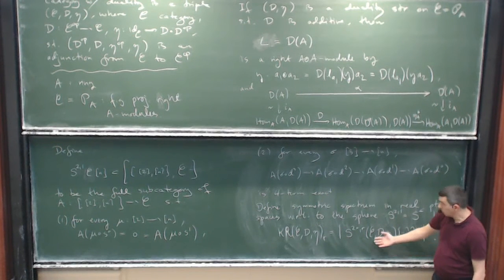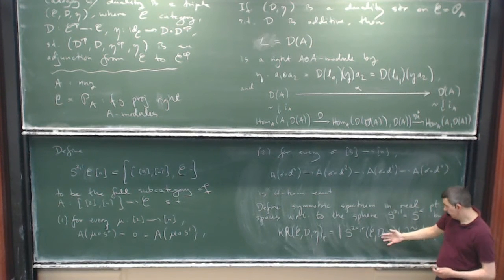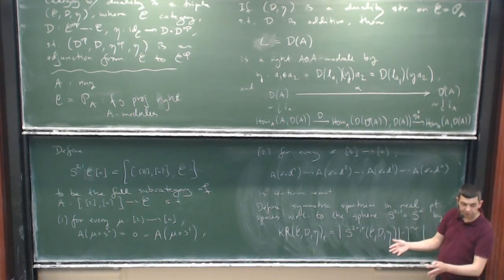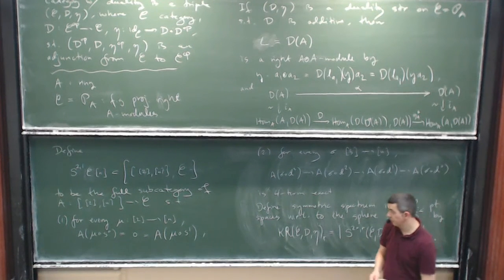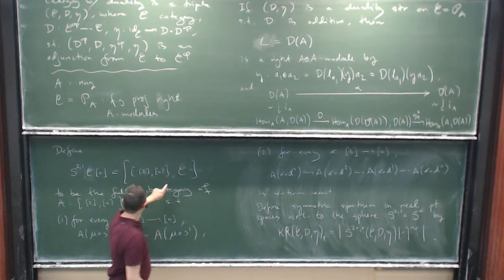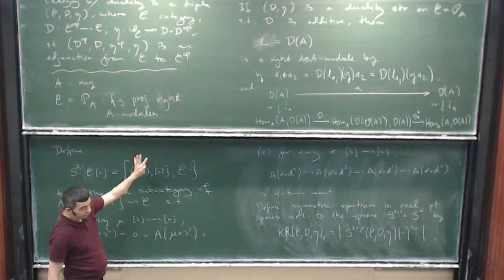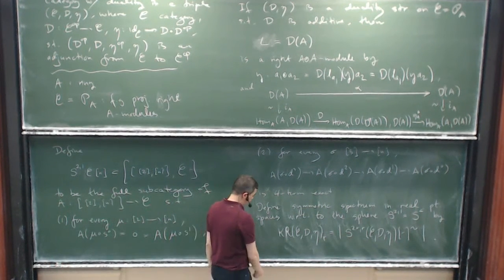And again, as before, if you have a sequence of such diagrams, these are bigger diagrams, you say that it's exact if it's pointwise exact, a weak equivalence if it's pointwise a weak equivalence. And the duality here is given by using the duality in C, but then also the duality here, which reverses both of these.